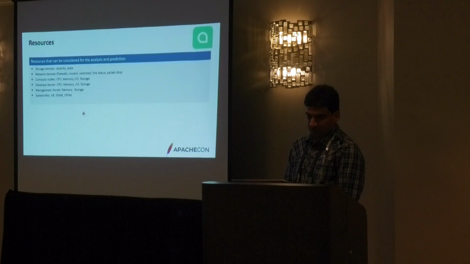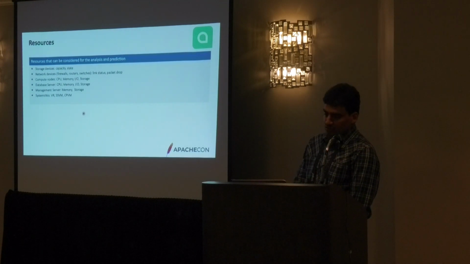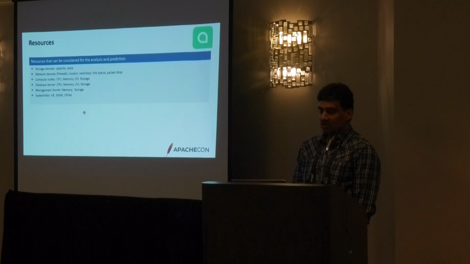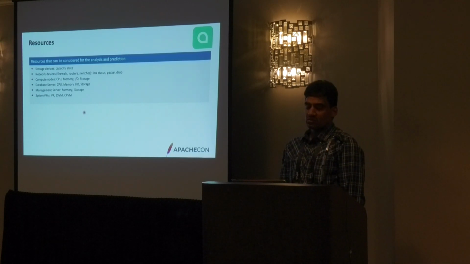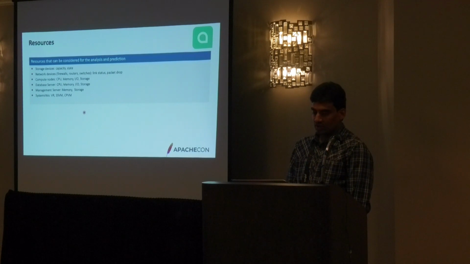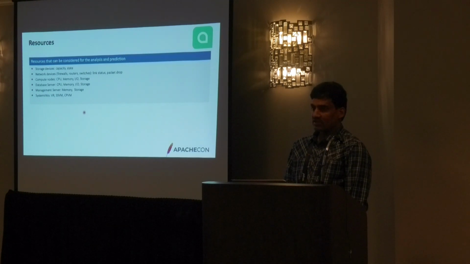Okay, so these are the various resources and the attributes which can be used for analysis and prediction. Storage device: we can consider the capacity and the state of the storage, whether it's active, enabled or disabled. Network devices: we can check if any packet drops are there or the link status. Sometimes we see connection timeouts in our logs.